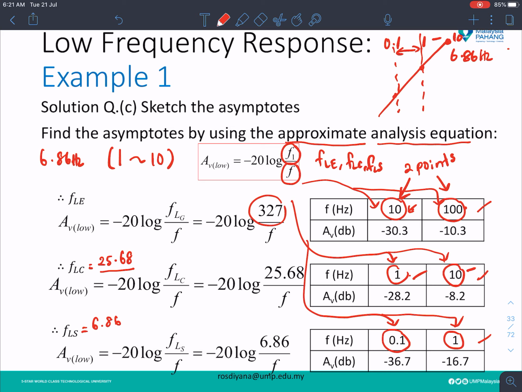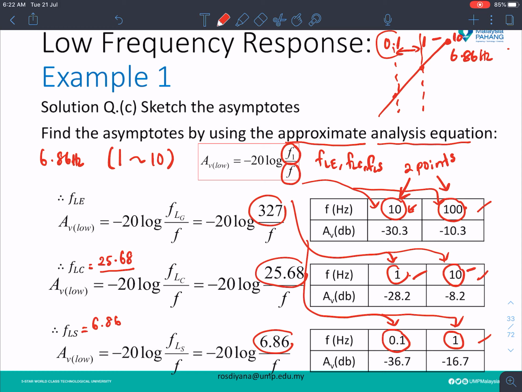You see, 0.1 to 1. This is because its range for the frequency is different. That's why I take a different range for these 2 points.